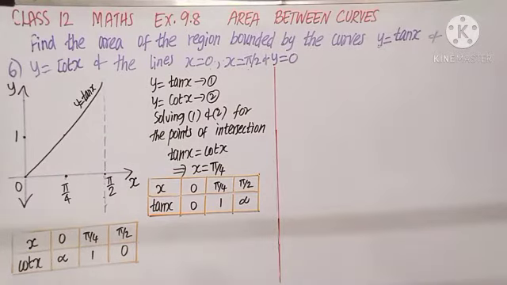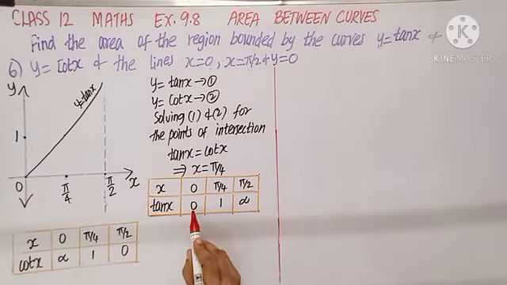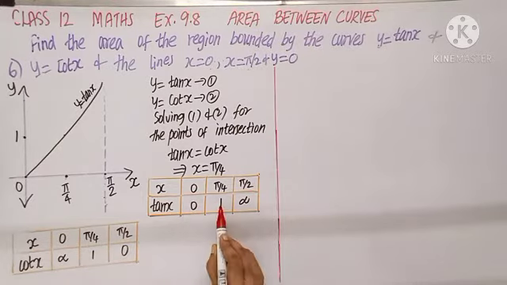Cot x. Let us remember, tan and cot are reciprocal functions. Tan x 0 tells me cot x will be the reciprocal of 0, infinity. Tan x 1, reciprocal of 1 is 1. Tan x infinity, the reciprocal of infinity is 0.